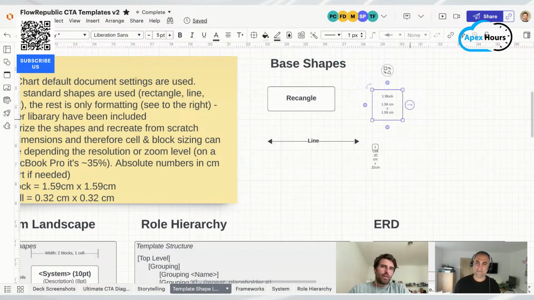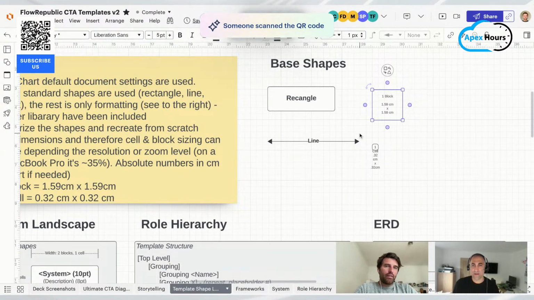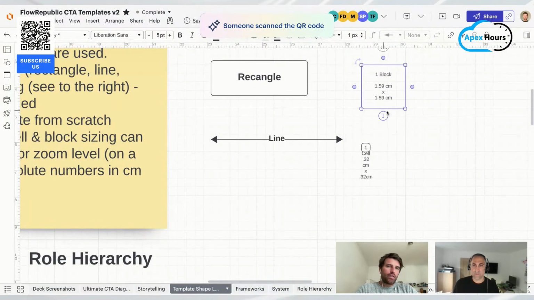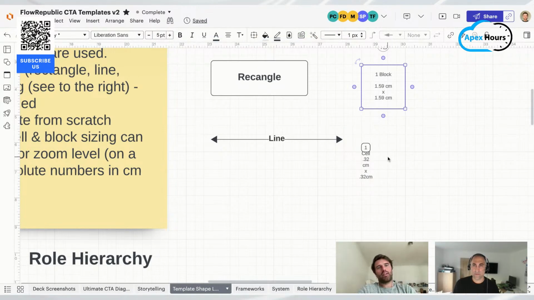In the US, it will be slightly different, and it depends really on the local settings of your account. Okay, and that means really that you need to check it out and figure out what defines a block. Okay, and we're using the concept of a cell. So a block is normally 5 cells wide and 5 cells high, and 1 cell is 0.32 centimeters.